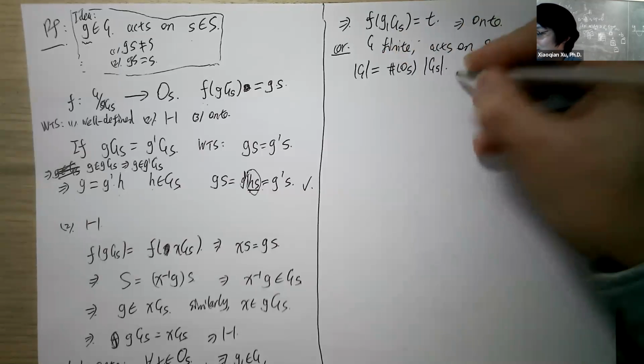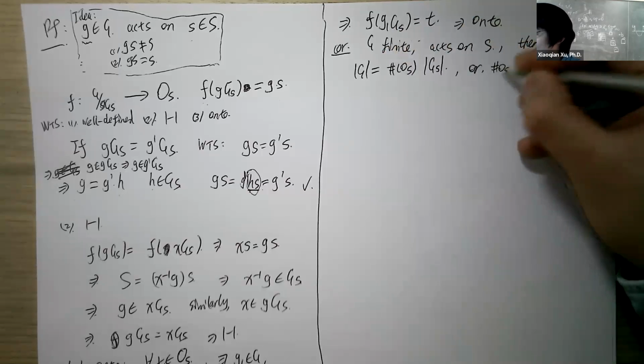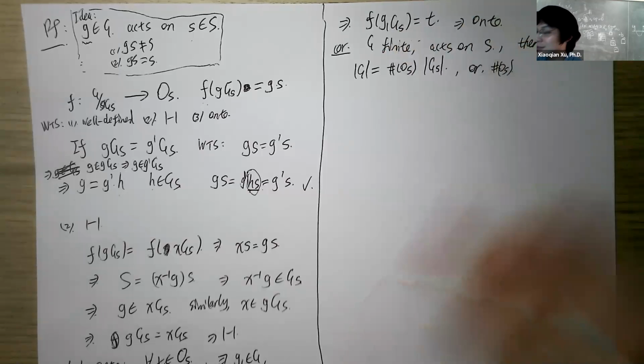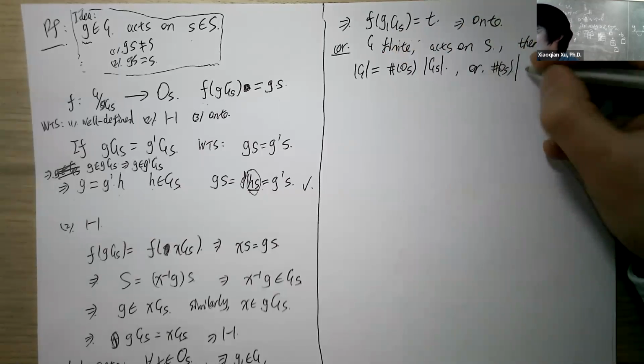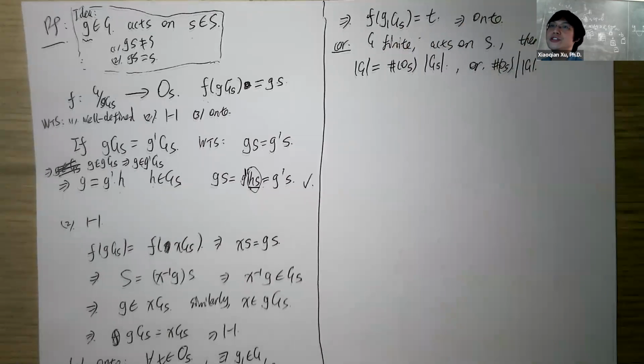Or at least the size of the orbit of s, for any s, is a factor of the order of G. I think that's clear because this is what we learned for Lagrange.